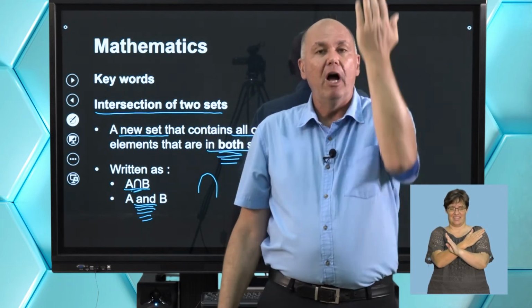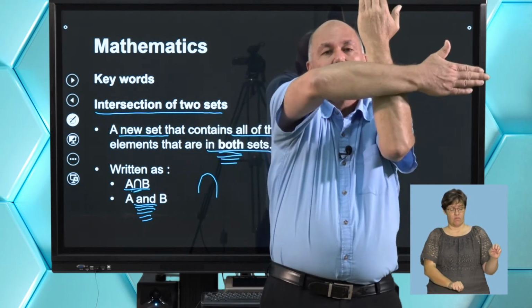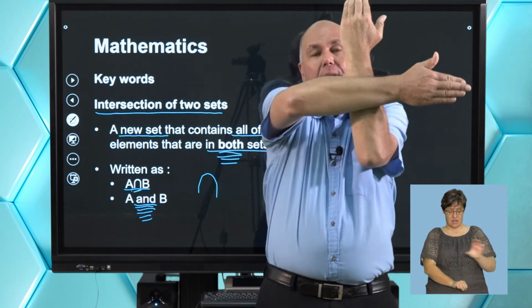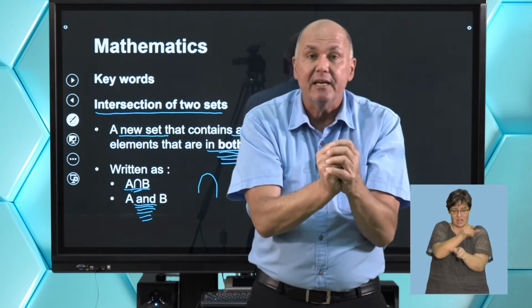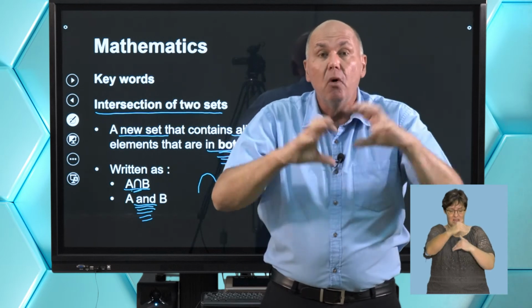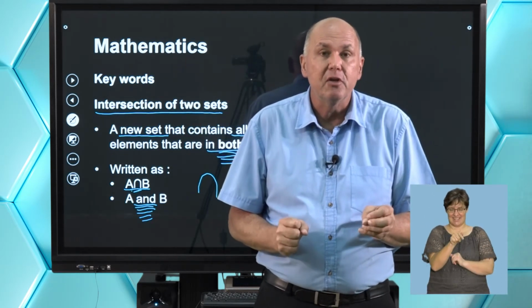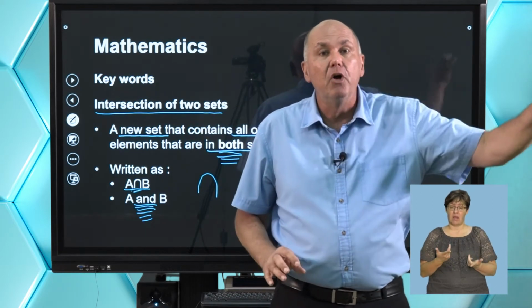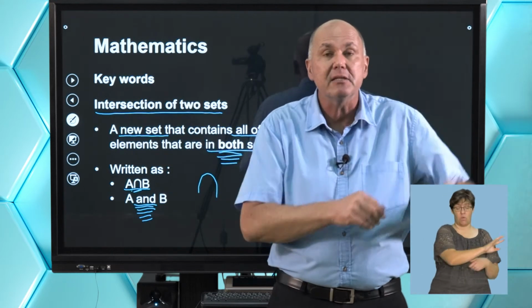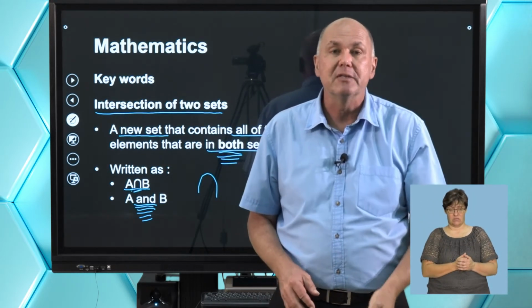So if you've got a road running from north to south, and a road running from east to west, that part that belongs to both roads, that's the intersection. And it's smaller than the union of those roads. The union of those roads would be to be either on the road running from east to west or on the road running from north to south.